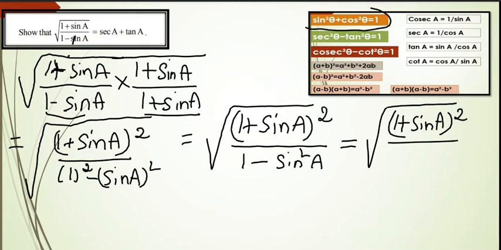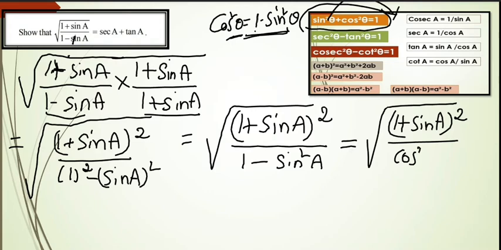See here, from this identity, sin square theta moves to the right side, then we get cos square theta is equal to 1 minus sin square theta. So whenever we have 1 minus sin square A, we can write cos square A.